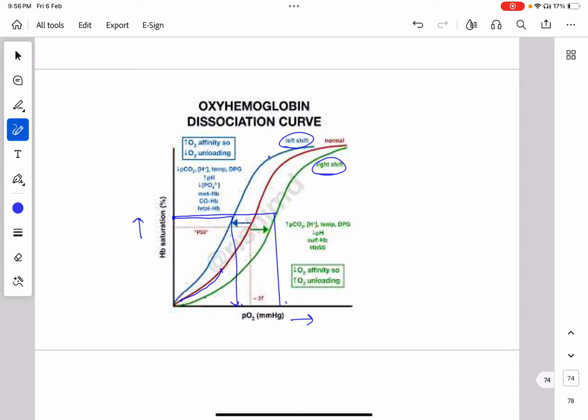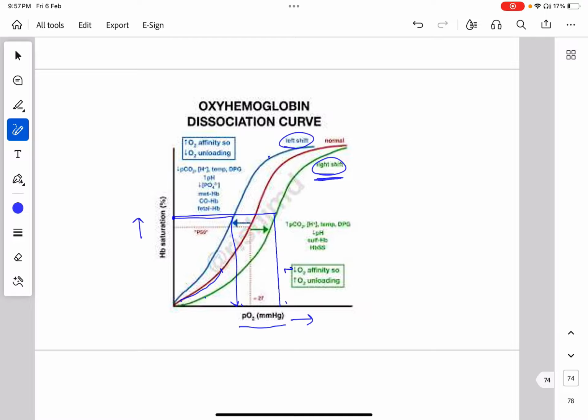PO2 means what we have read in ABG a few slides earlier, the partial pressure of oxygen in blood. So shift to right means that hemoglobin is releasing more oxygen, and the more oxygen is getting released in blood and entering into tissues.